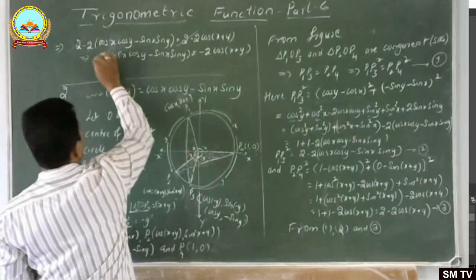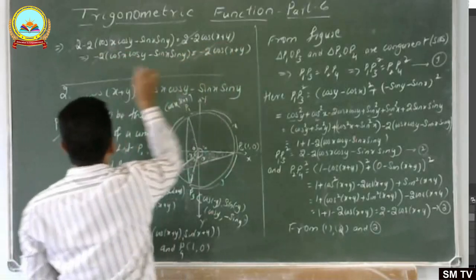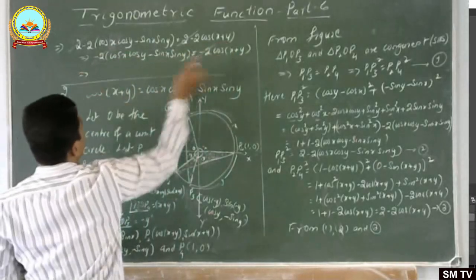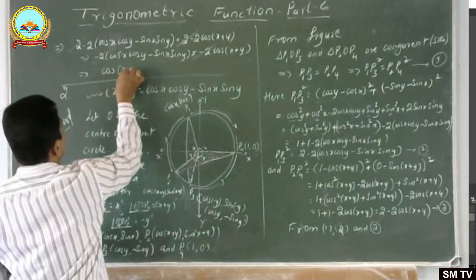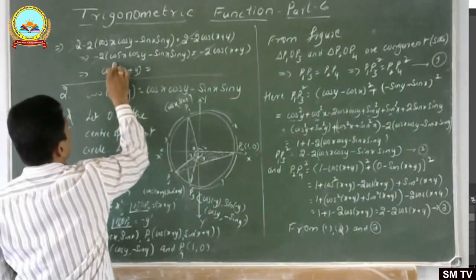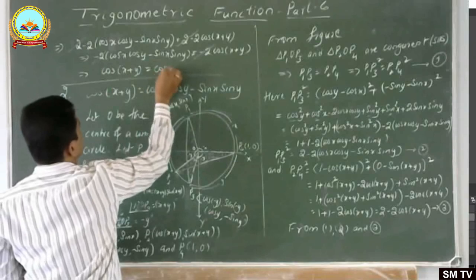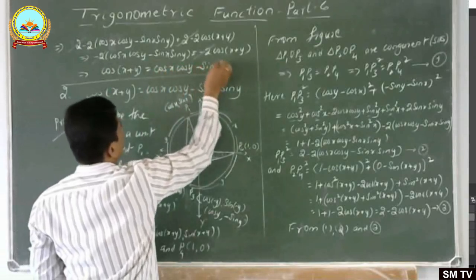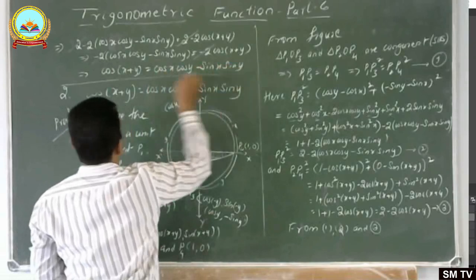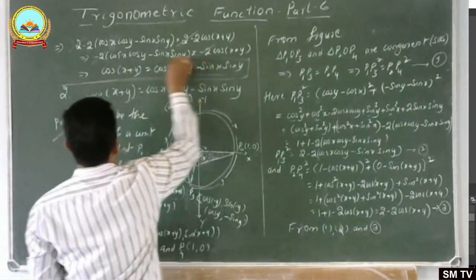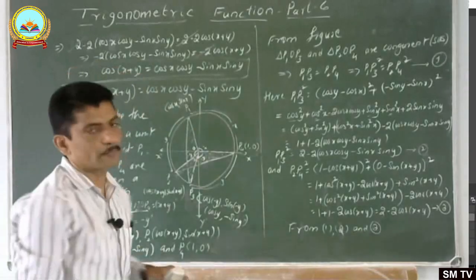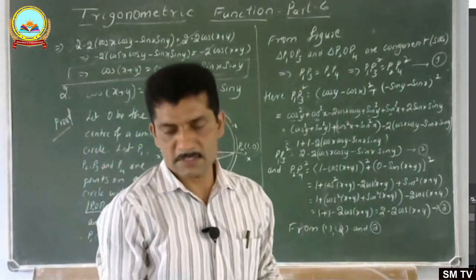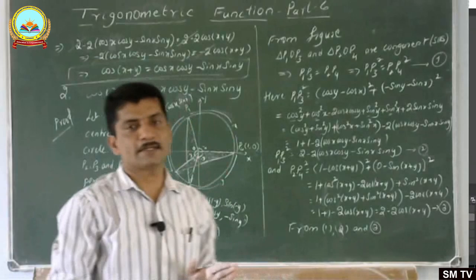Here minus 2 is not equal to 0, cancel these, it implies cos of x plus y is equal to cos x into cos y minus sin x into sin y. That one is the important result. This is the proof of sum of the two angles in terms of cos.